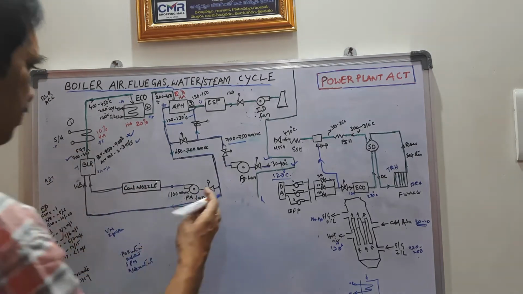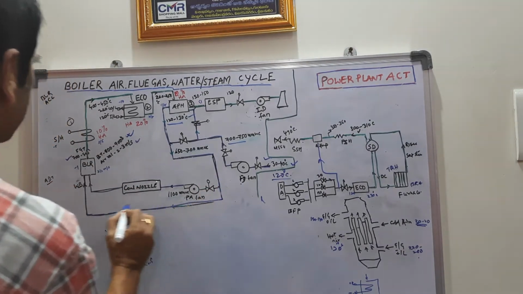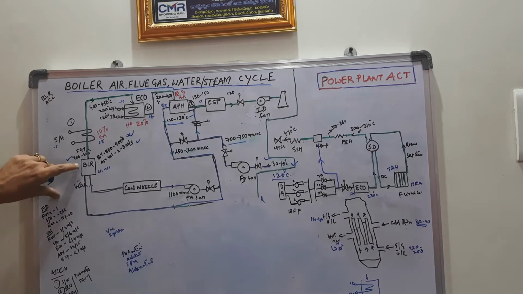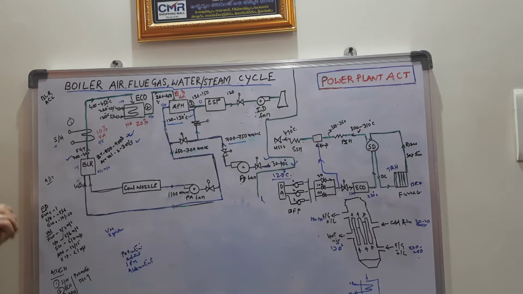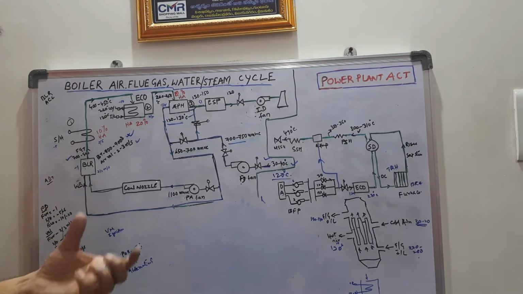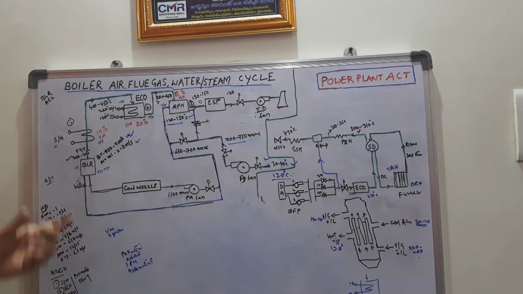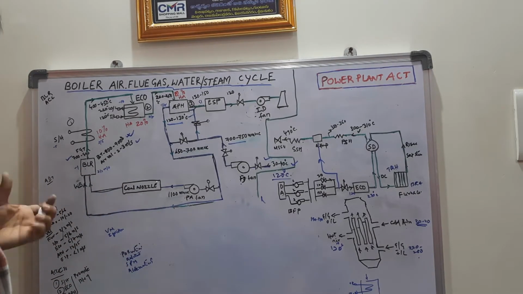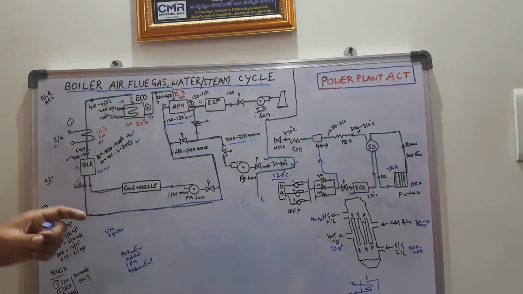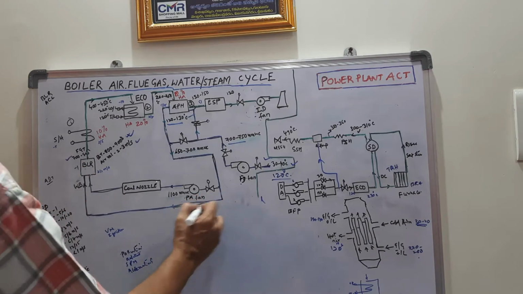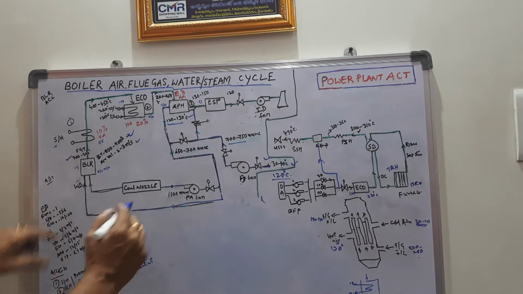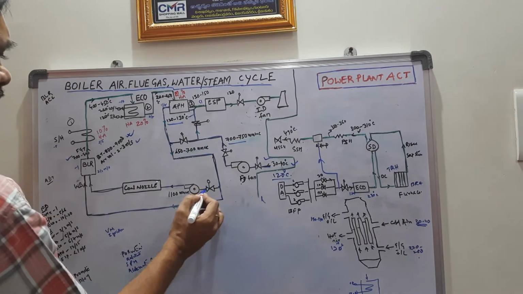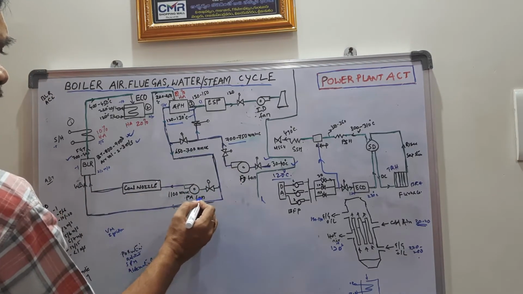Then this air enters the wind box of the boiler. The main function of this wind box is to fluidize the bed material provided in the furnace of the boiler, and second is combustion of the coal inside the boiler. So this hot air is provided to the wind box, and a part of this FD air is provided to the PF fan.